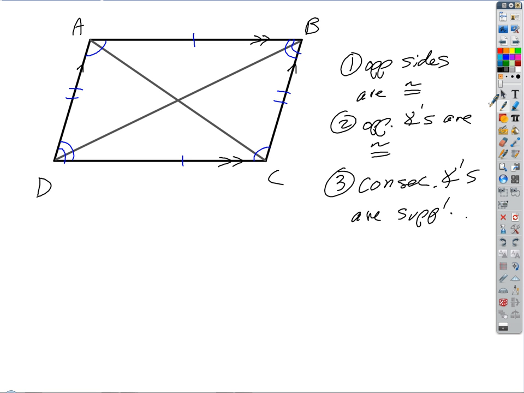What do you think is true about the diagonals? Gabe, what do you think? The two pairs of triangles are congruent? That ends up being true. That's not technically on our list, it's something we could prove from our list. But the last part of our list only really involves the diagonals. What do you think is true about those diagonals?